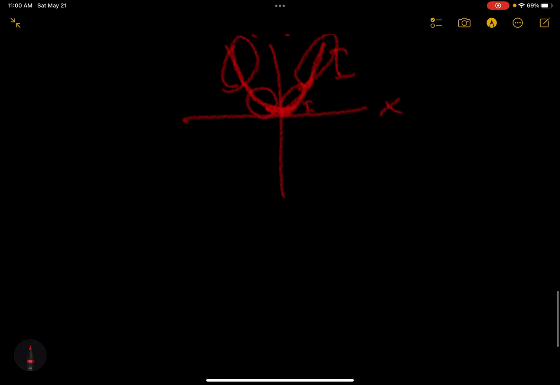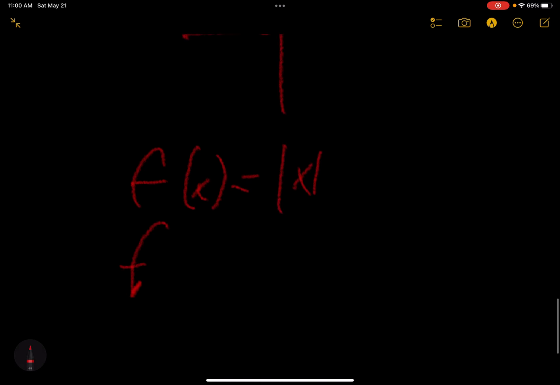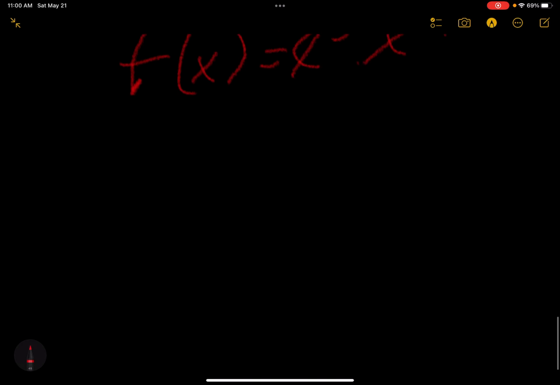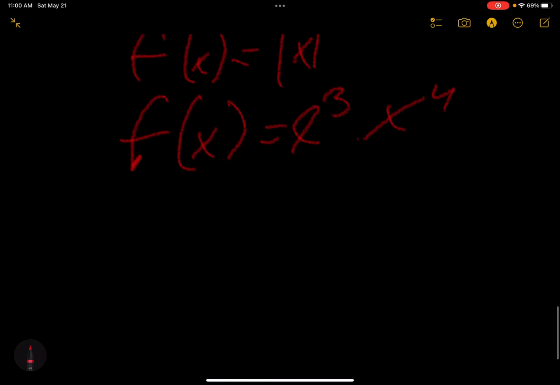So now there are many functions you can do. You can do maybe x cubed or x to the fourth. Functions are basically everything. So let's talk about a slightly different function.